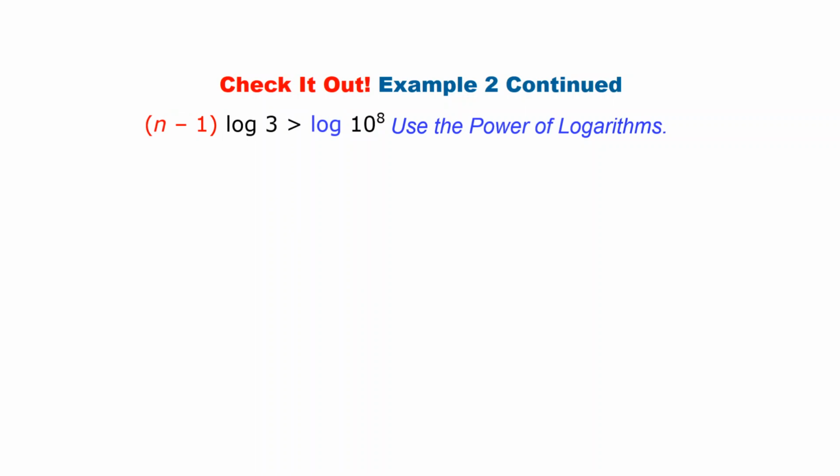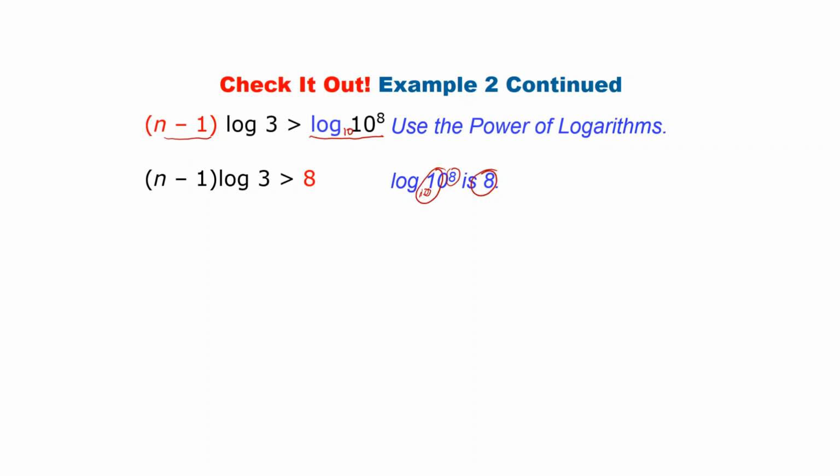Notice that I used the power property and I moved my n minus 1 over here. But I didn't do anything on this side because remember our rule, if I have a base 10, I'm going to just end up equaling 8. So log base 10 of 10 to the 8th, the answer is going to be 8. So if you have the same number here and here, your answer is just 8.